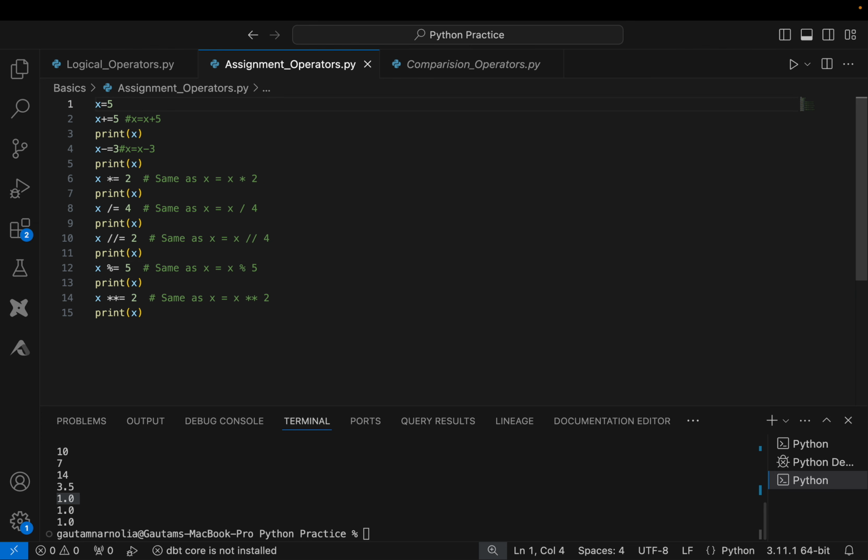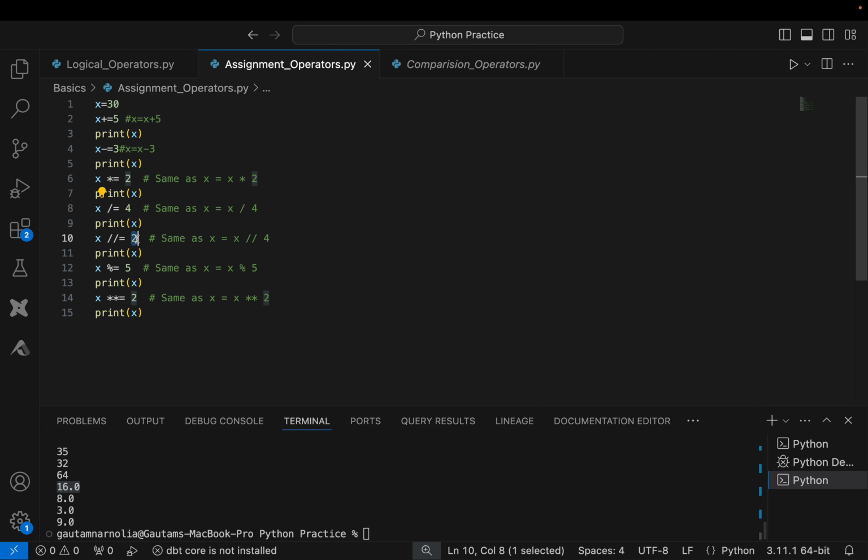Let me change the value to something else. Now here it will become 35, then here 32 because we subtract 3, then 32 multiplied by 2 is 64. 64 divided by 4 is 16.